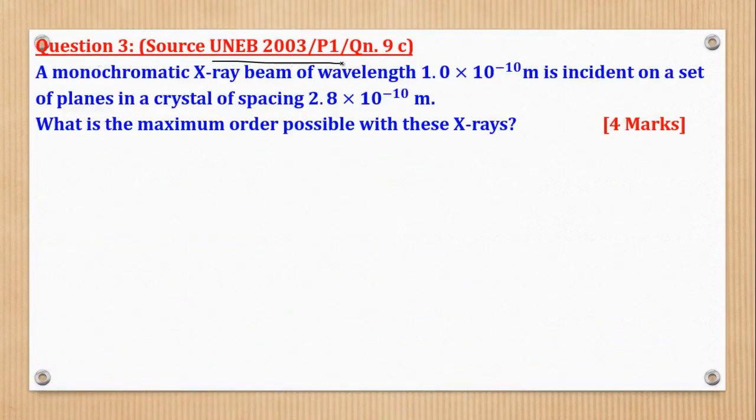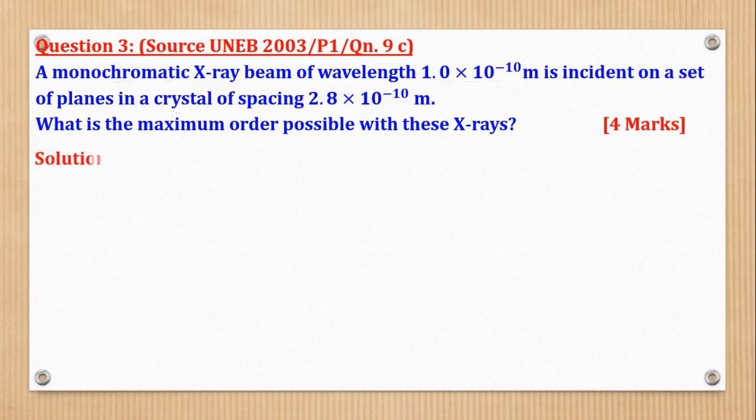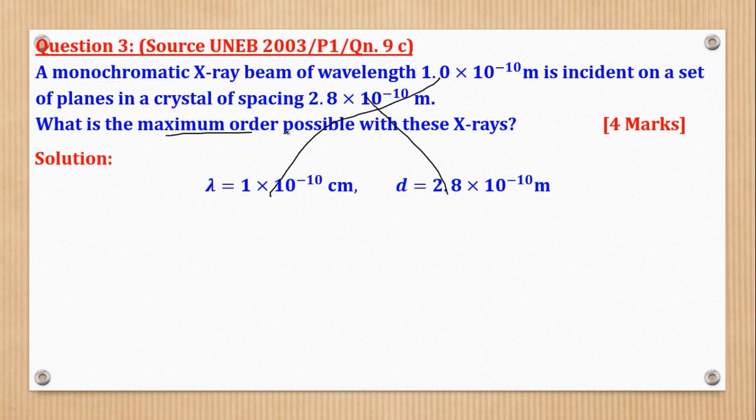Question 3 came from UNEB 2003 paper 1 question 9c, and it says a monochromatic X-ray beam of wavelength this is incident on a set of planes in a crystal of spacing this. What is the maximum order possible with these X-rays? So we shall first state what is given. Wavelength is given and the separation is given. They want maximum order.